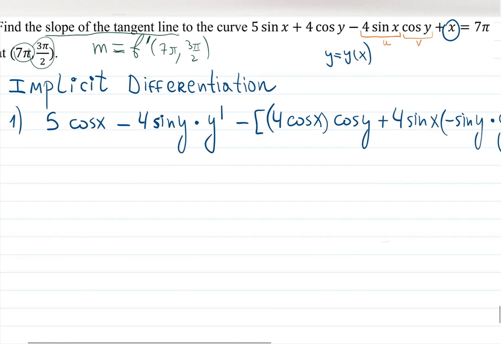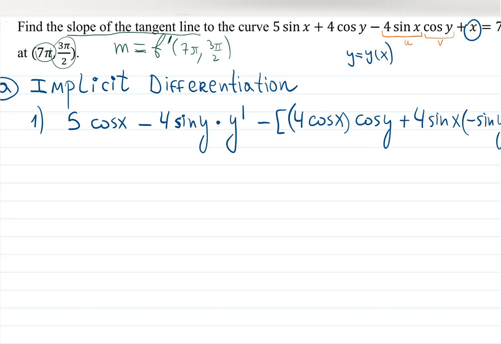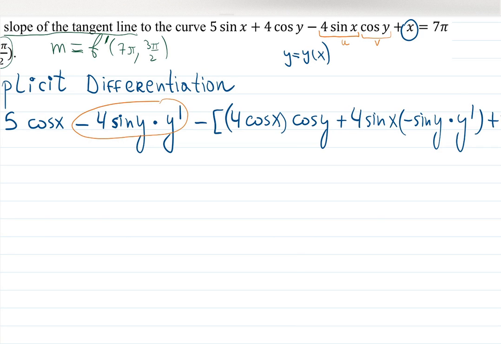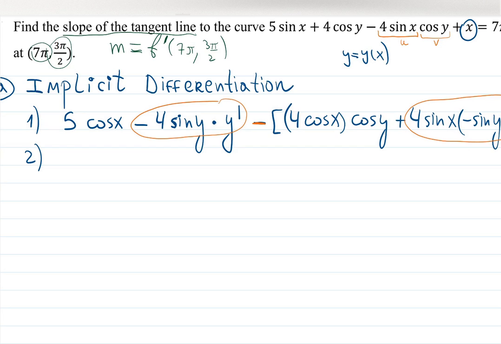Step 2 tells you to identify all parts, or basically terms, that involve y prime and move them to the left hand side. This term is written on the left hand side, and this term is written on the left hand side, but don't forget to distribute the negative sign. Everything else, move it to the right hand side.